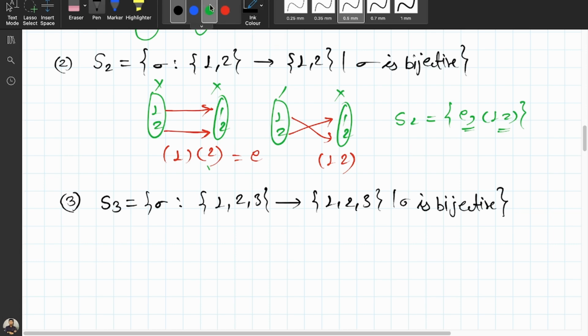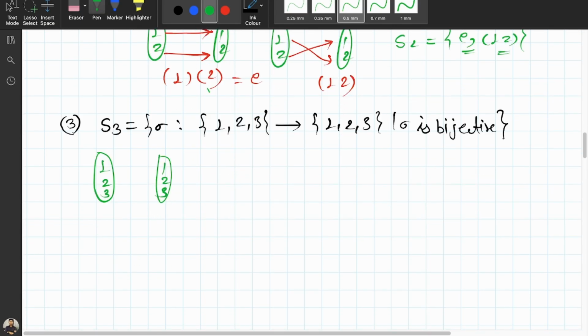Simply from here I will write 1 2 3, and here again 1 2 3. So the first mapping is simply 1 goes to 1, 2 goes to 2, 3 goes to 3. That is the identity.